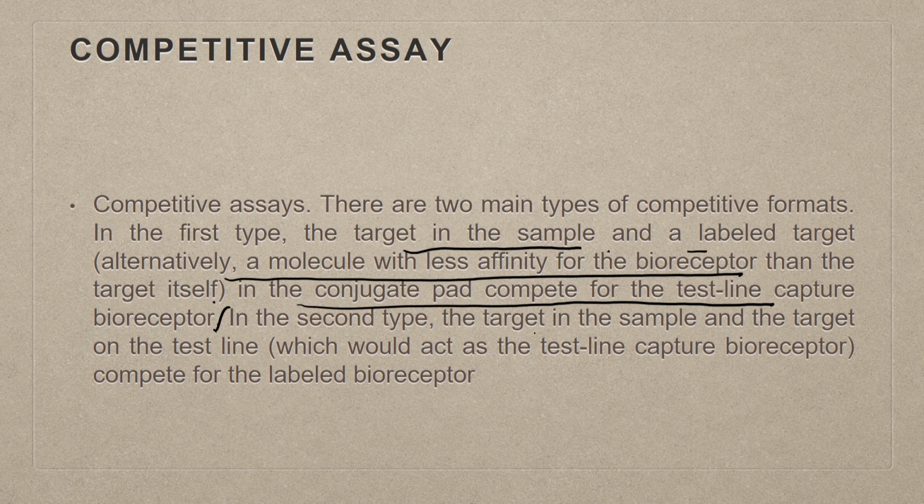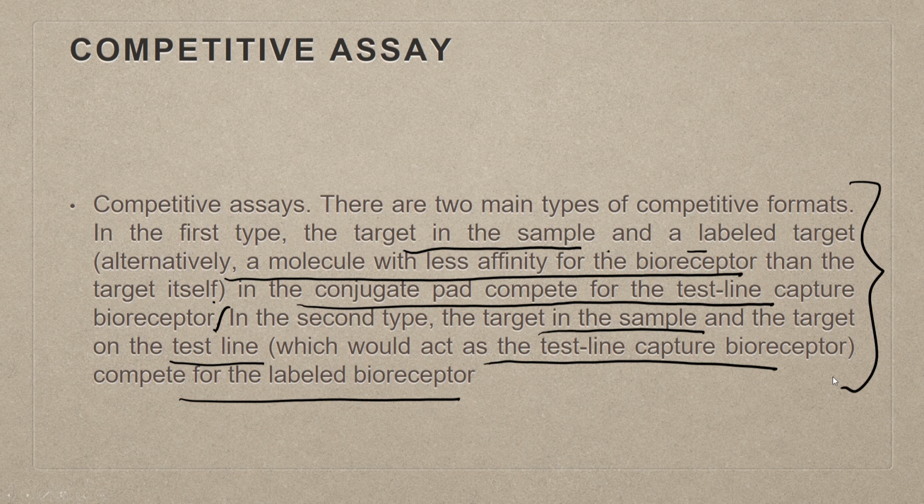In the second type, the target in the sample and the target on the test line, which acts as the capture, compete for the labeled bioreceptor. It is just the reverse format of what is being used in competitive assays.